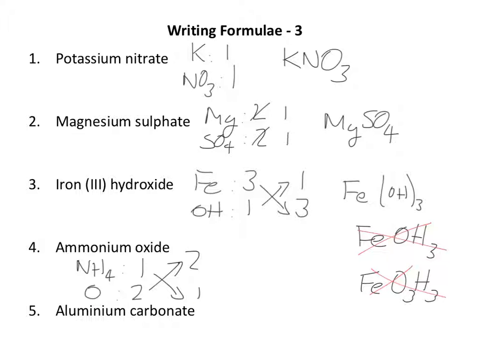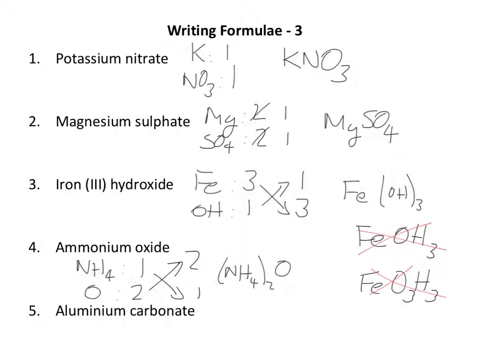Now this time you can see that our thing at the front, ammonium, is our compound ion, and we've got 2 of those, which means the brackets are going to go at the front. That's absolutely fine. So that means we've got 2 lots of everything in that bracket. So in total we've got 8 hydrogens, 2 nitrogens and 1 oxygen, but we need the brackets there to show that we have ammonium.